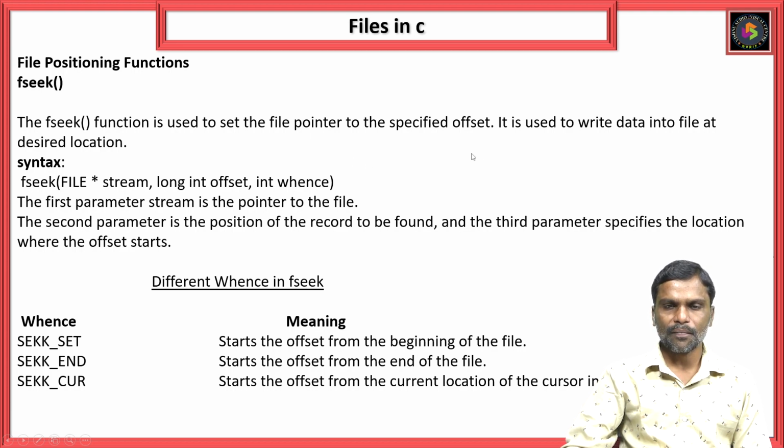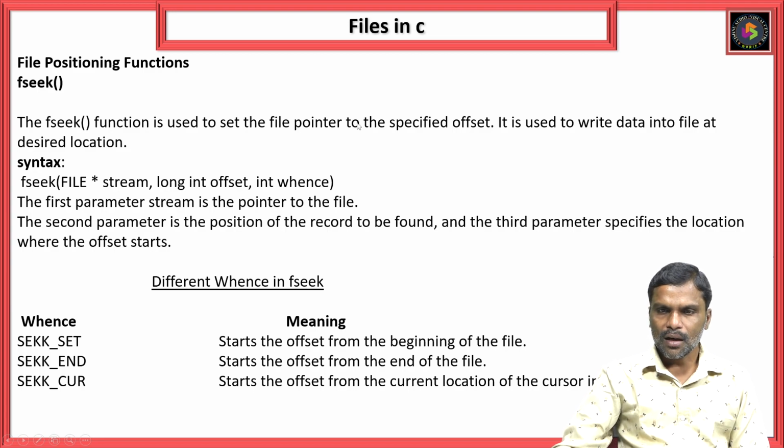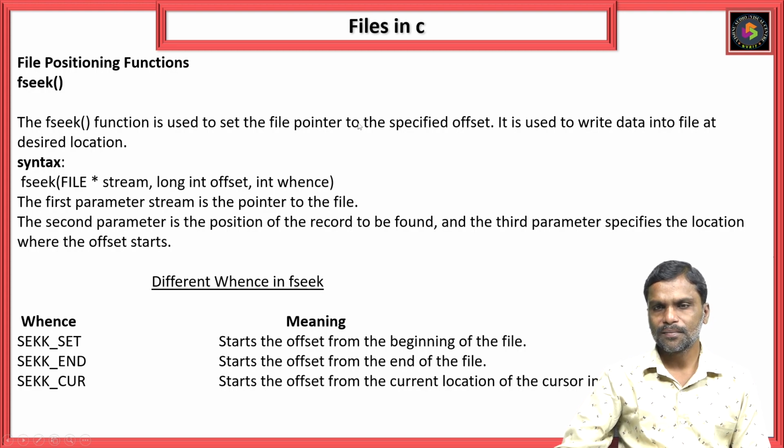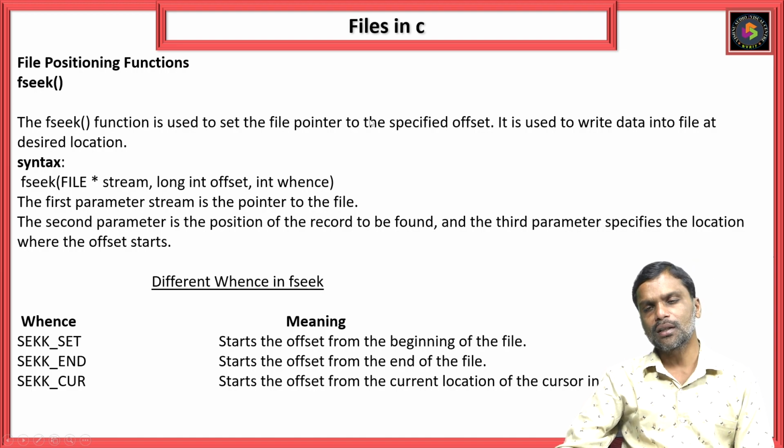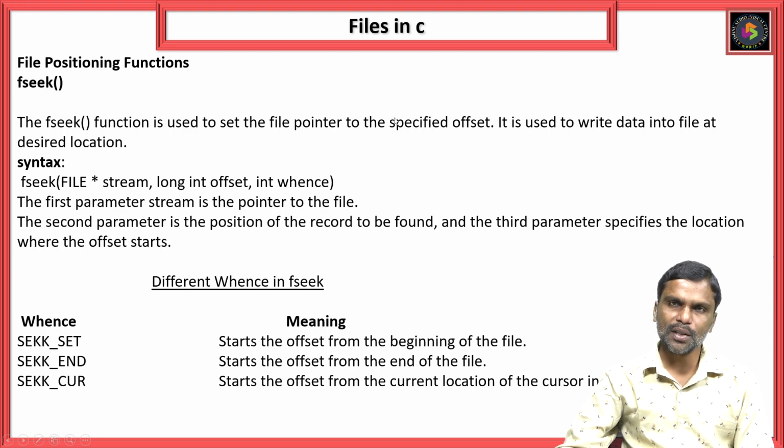For example, if the position of my cursor is exactly here, after the 2, and I want to move my position some letters, maybe towards the left or towards the right, this number of letters which we use to change the position or location of the cursor is called the offset. Offset is nothing but the number of locations we are moving, maybe towards the back or towards the front.